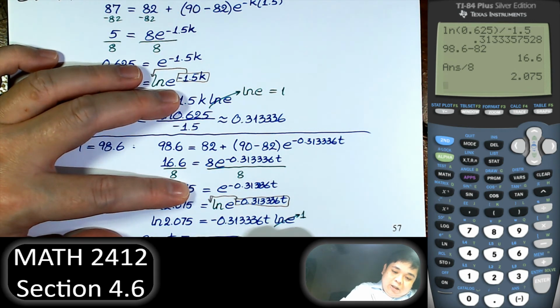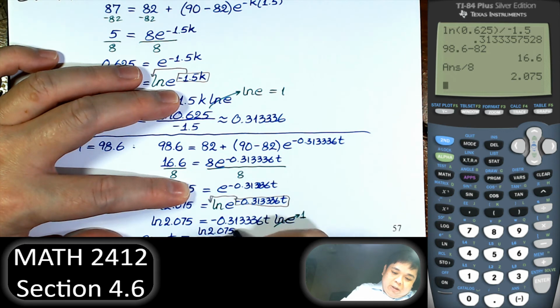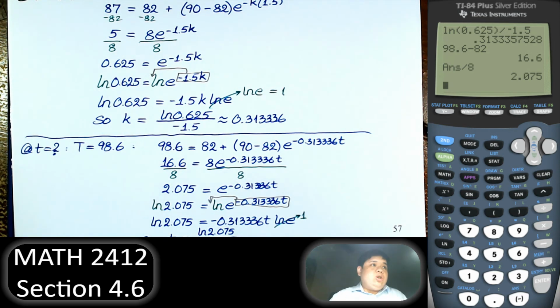is ln of 2.075 divided by 0.31336. Right, so we take ln of this number, divide by that number, and there's a negative in front of that.